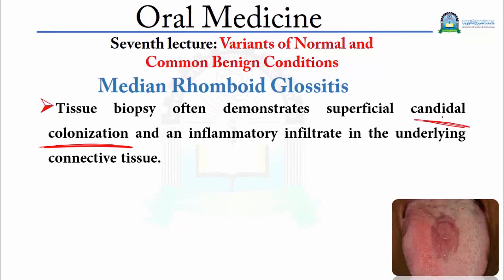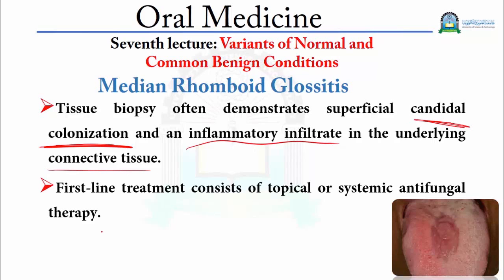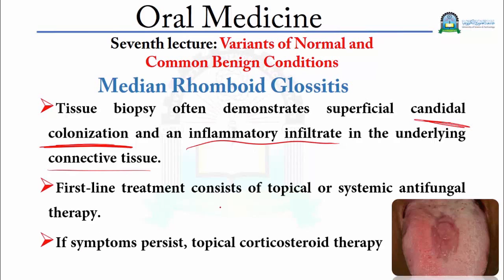Also, in the histopathology we will see an inflammatory infiltration of cells in the underlying connective tissue. First line treatment is topical or systemic antifungal therapy such as nystatin, which can be provided as drops. If symptoms persist, topical corticosteroid therapy should be started.